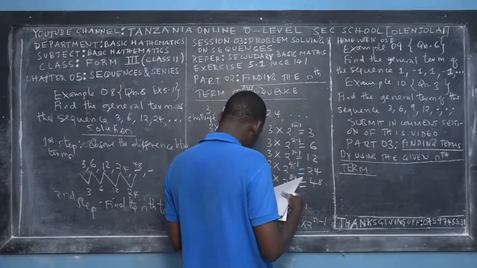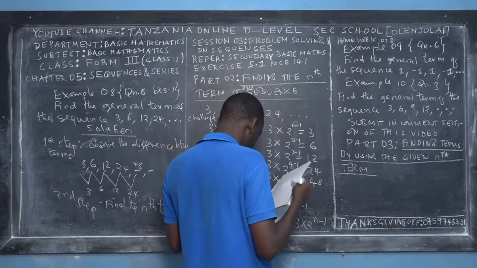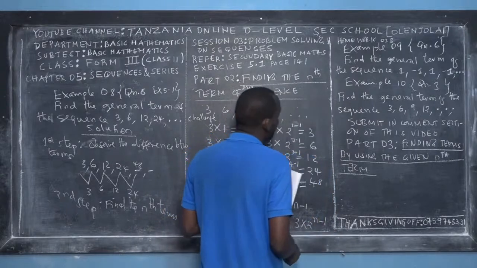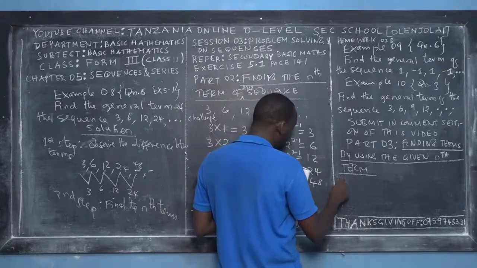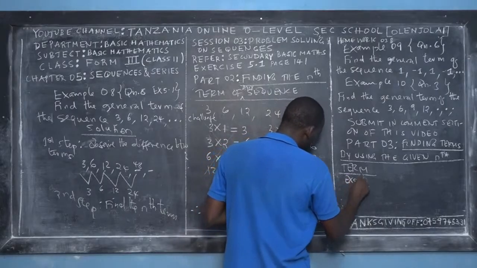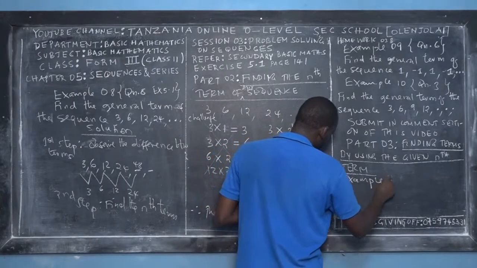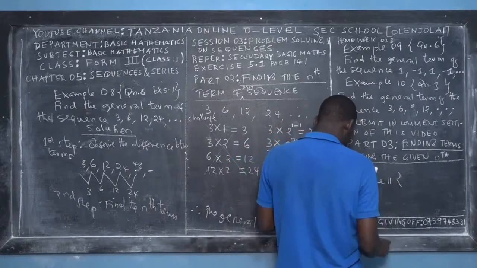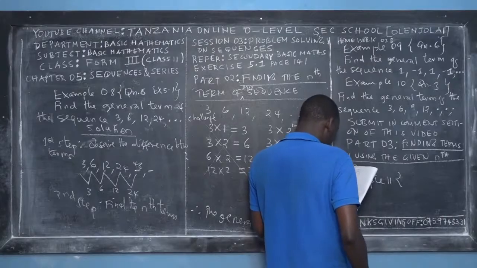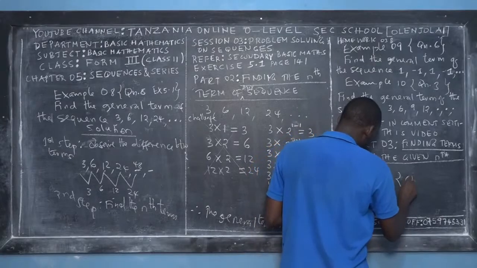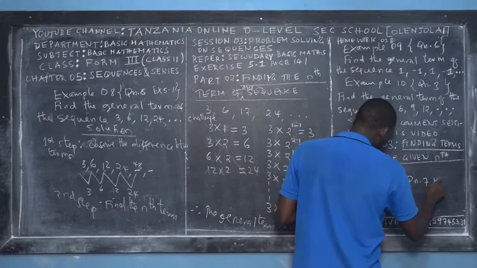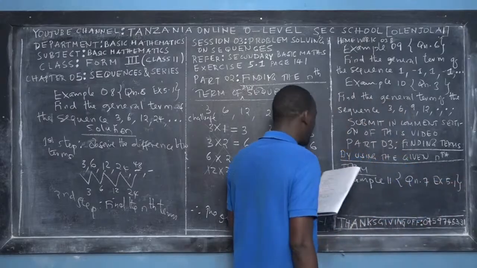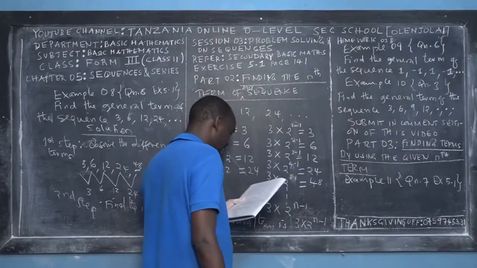Well, so let us go to examples regarding this concept. So this will be example 11. In this example 11, refer to exercise 5.1, question number 7, in the book of Basic Mathematics for Secondary Schools Form 3.